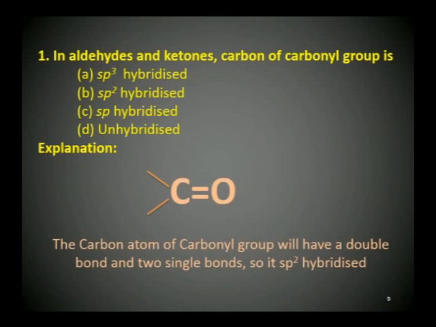If a carbon atom has 2 double bonds, or 1 triple bond and 1 single bond, we call it an sp hybridized carbon atom. So, in this question, the carbon atom has 1 double bond and 2 single bonds. That is why this carbon atom is sp2 hybridized, and the answer is B.